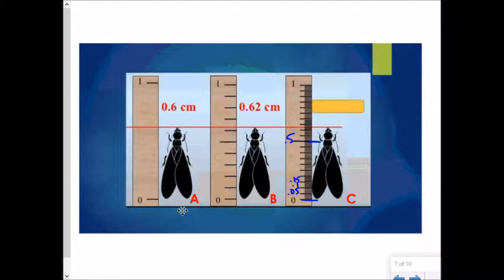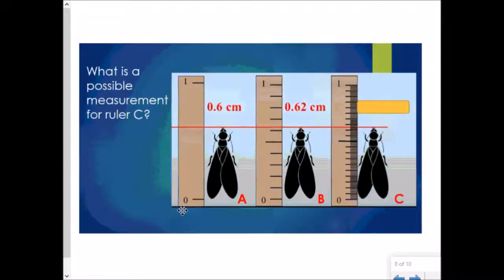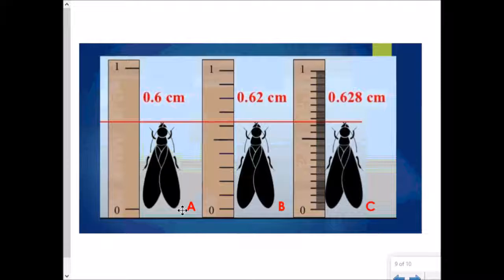So now, what could we estimate this one to be? 0.55, 0.60. Then we could give it one more digit to the measurement, so 0.6 and then what? 8.